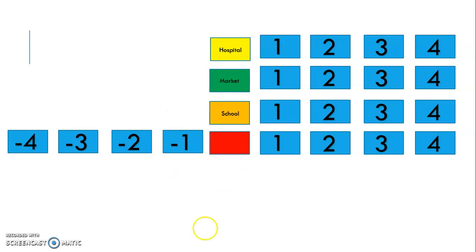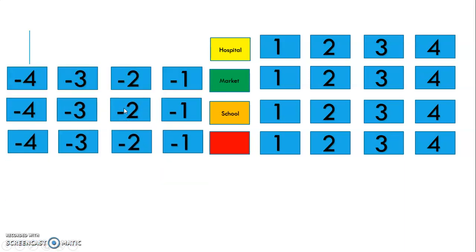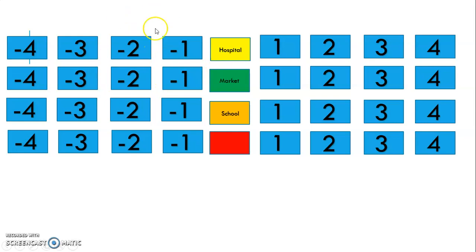Okay, so earlier we saw that the post office had houses on both sides. तो अब गांव में ज़्यादा लोग और हो गए और स्कूल की दूसरी तरफ और मार्केट की दूसरी तरफ और हॉस्पिटल की दूसरी तरफ भी घर आ गए. तो अब हम क्या कर सकते हैं?